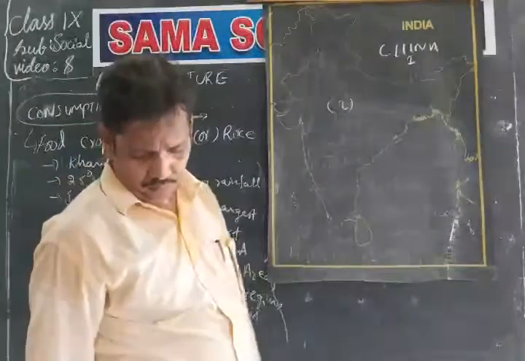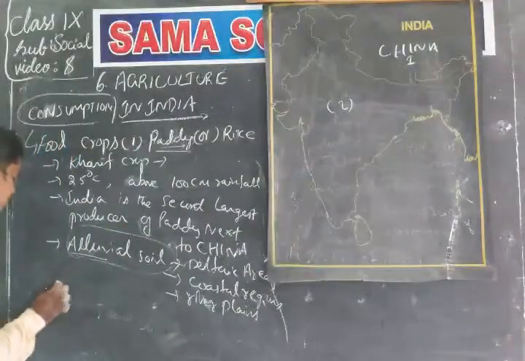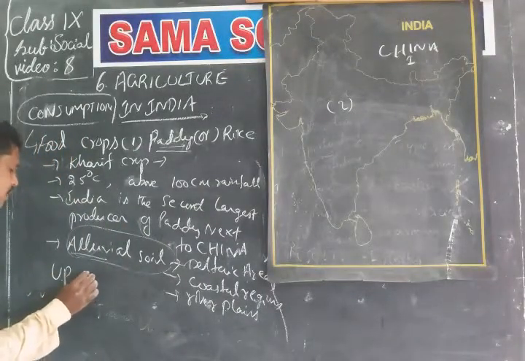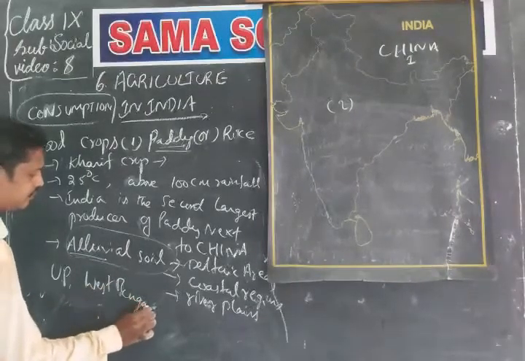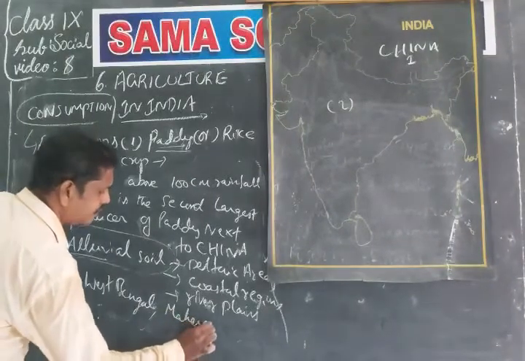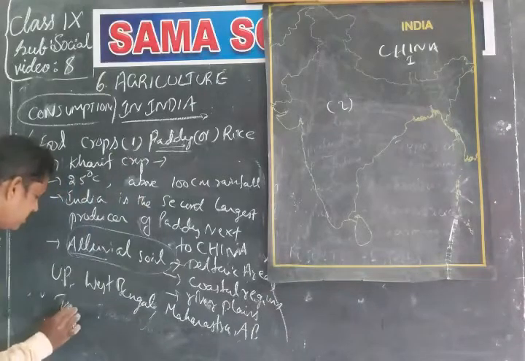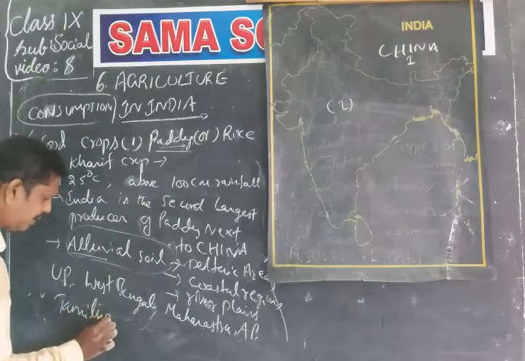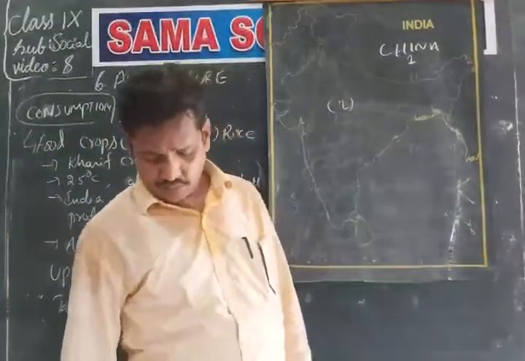Where do we find these? Mostly in Uttar Pradesh, West Bengal, Maharashtra, Andhra Pradesh, Tamil Nadu. These are the important states, and of course Telangana.